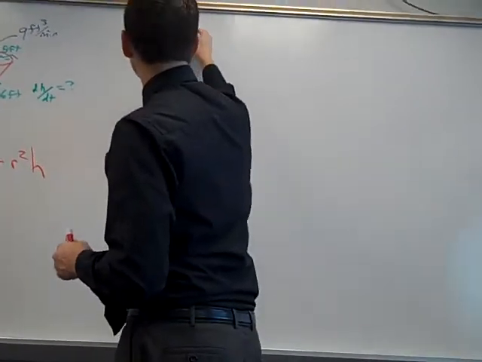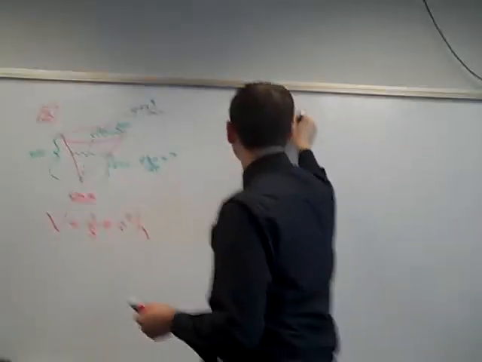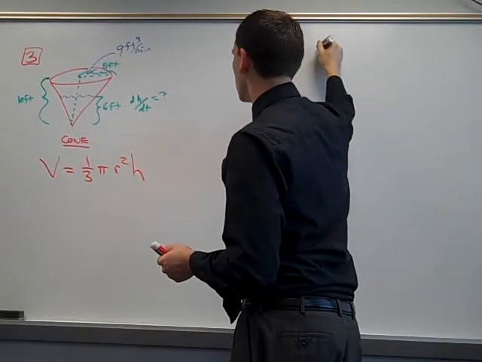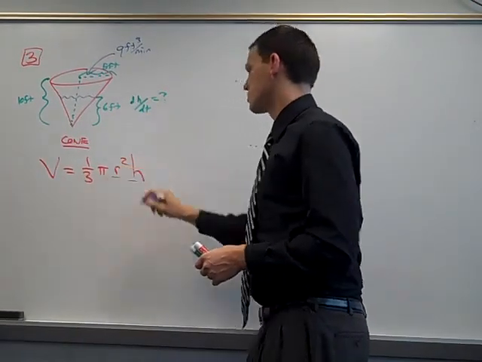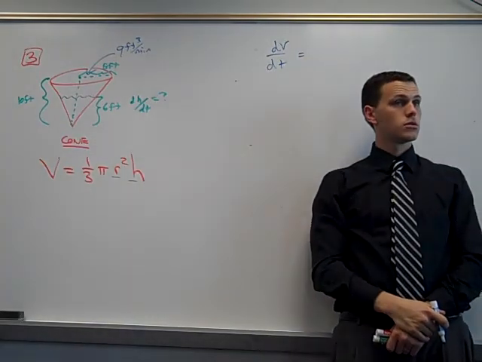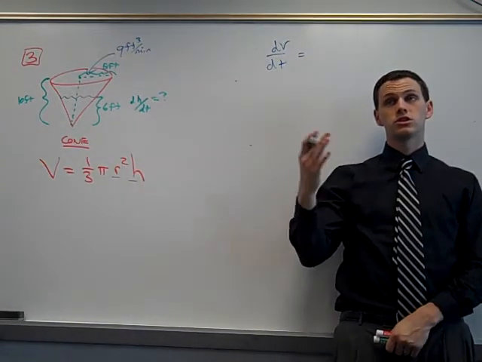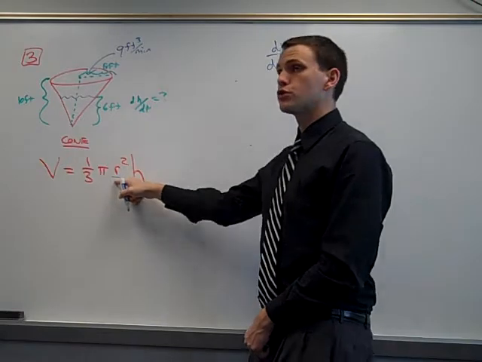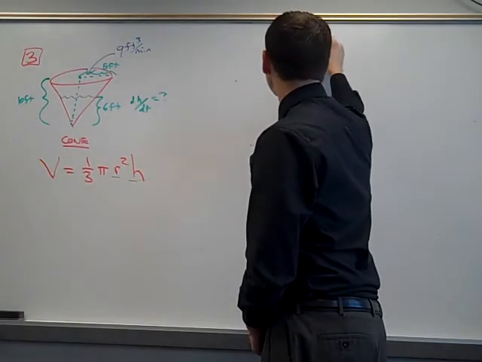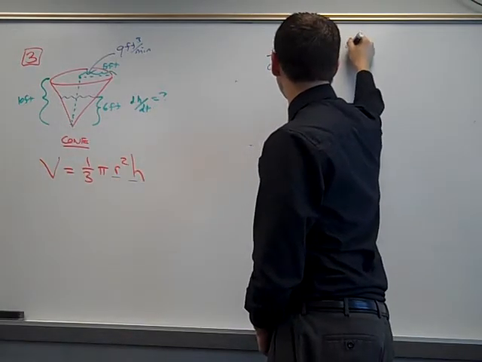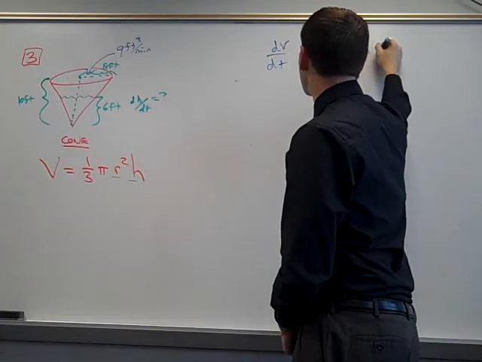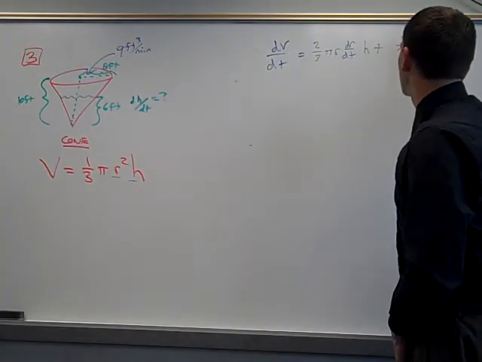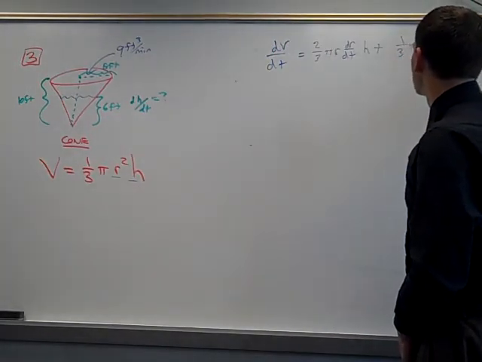So, derivative of volume is dV/dt equals. Now, I've got 2 variables, so what rule do we have to use? Product rule, right? Because it's the r times the h. So the derivative is 2/3 pi r dr/dt h plus 1/3 pi r squared dh/dt.